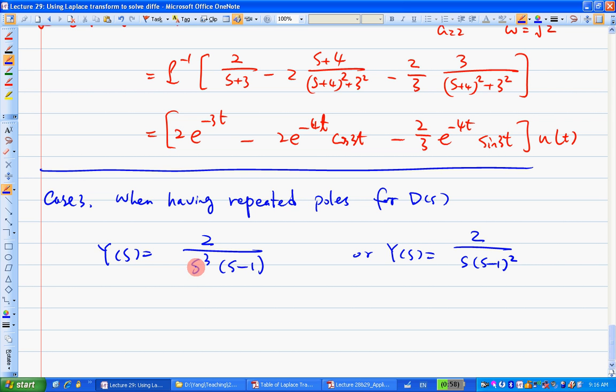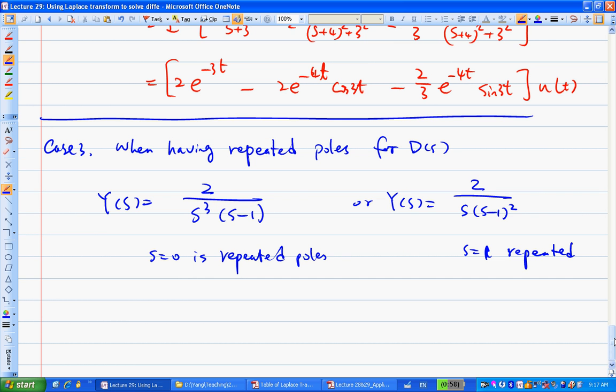Now you see here, s equal to 0 is a repeated pole, and s equal to 1 is a repeated one. So here's what you need to follow.